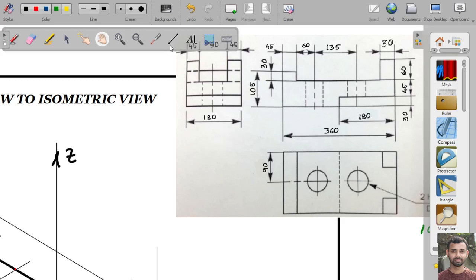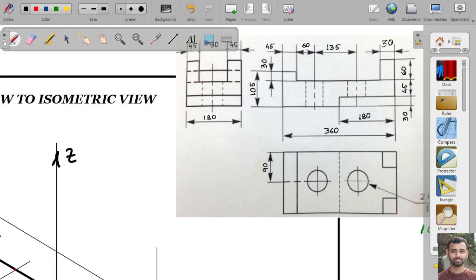I'm changing a little bit of dimension here in this drawing.